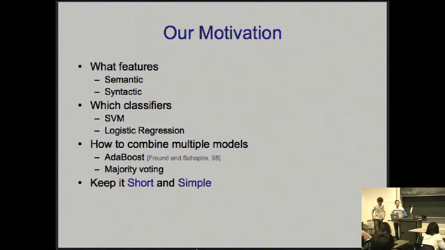After we have these features, we build any kind of classifier on it, like SVM or logistic regression, or maybe we try to combine different weak classifiers like AdaBoost or simple majority voting. But our goal is to keep it short and simple.